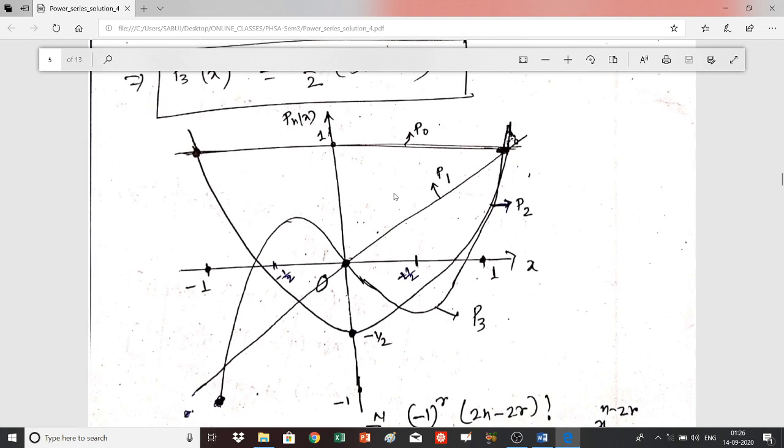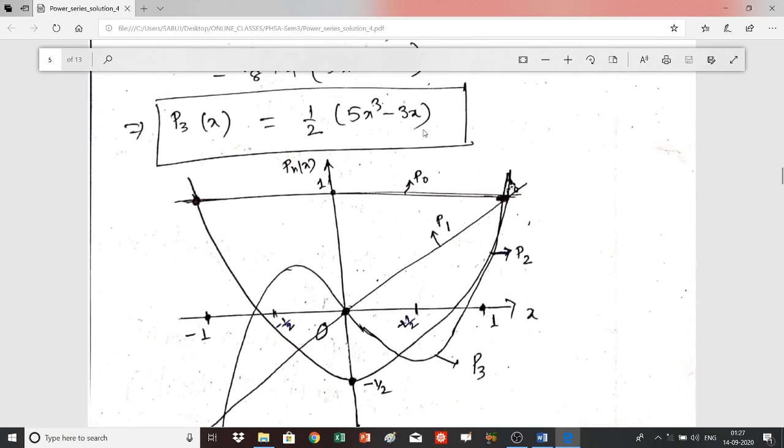Here this point is minus half, this is 0, the origin, and this is minus 1, and this is plus half, and this point is plus 1. In case of P0(x), which has the value 1, if you plot it, it will be a straight line in this way. So this line comes from P0.